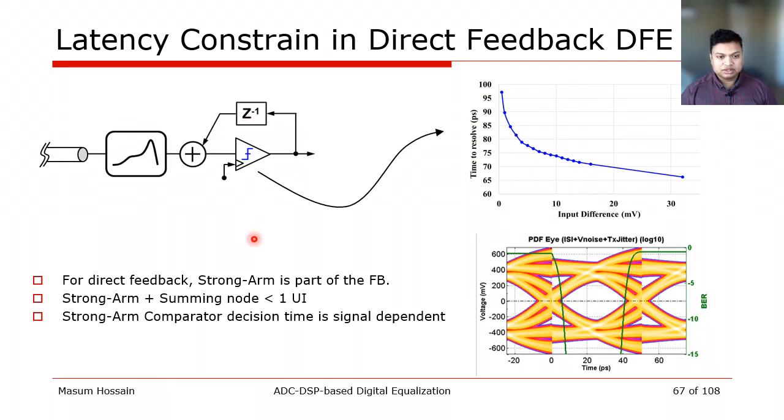Therefore, this loop, which includes both a StrongARM and the summer node, has to be less than 1 UI. But notice that the StrongARM's decision time can vary quite a bit depending on its input signal. For example, in a 65 nanometer process, it can go from 100 picosecond down to 60 picosecond. With such variation of the input signal, it will be difficult to fit within this time constraint.